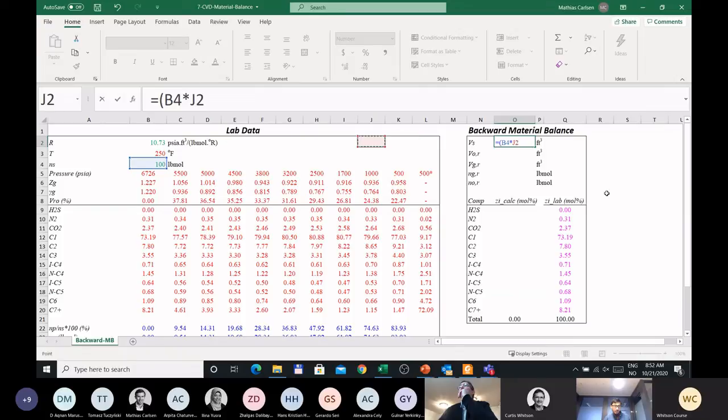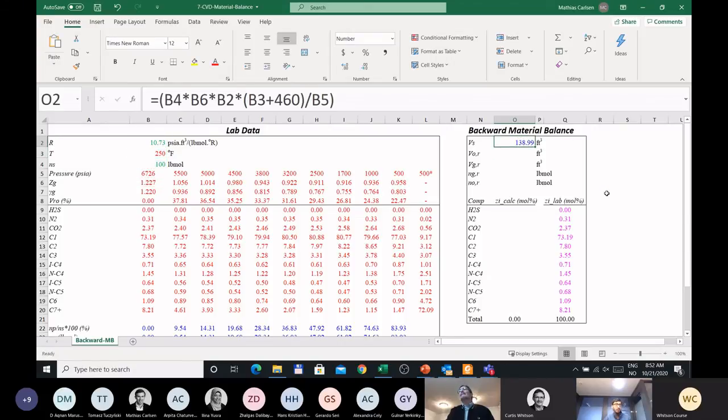And then we have the gas Z factor of the initial gas, that's this one here. And then we have the R, that's for our field unit system. And then we have the temperature, 250, and that should be in Rankine, so adding 460 here. And then divided by the pressure, the initial pressure, which was the dew point pressure, 6726.